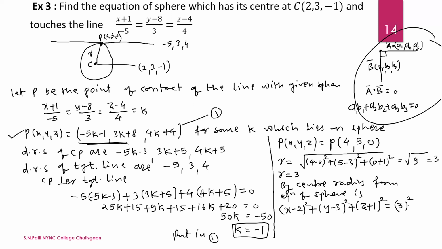R square means 3 square. Okay, so which is the required equation of sphere.